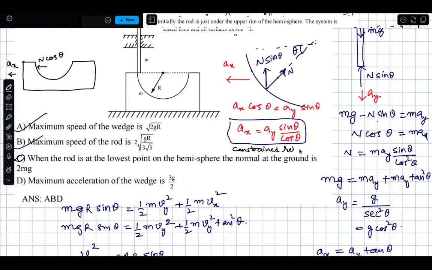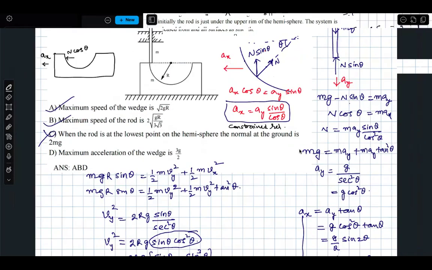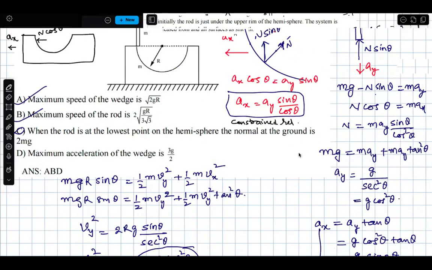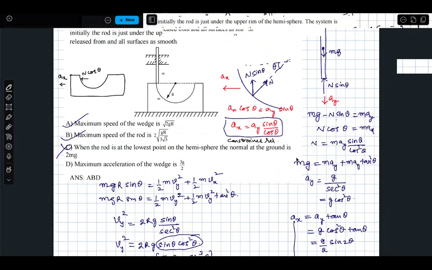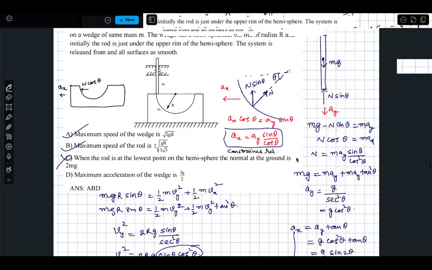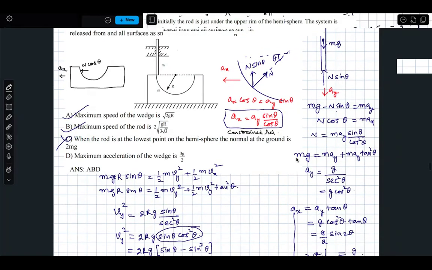Please try to understand why I require the constraint relation. I'll explain. From this chapter's point of view we could consider the law of conservation of energy. Suppose it has come down to this point, theta, it has displaced down by r sin theta.